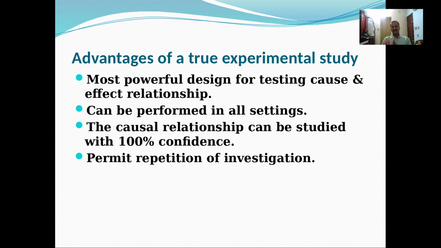We have a comparison group to compare, and the 100% control is there. There is no influence of any other external variables, everything remains constant. So we can say that this effect is only because of this particular cause. So that is the most powerful design for testing cause and effect relationship.